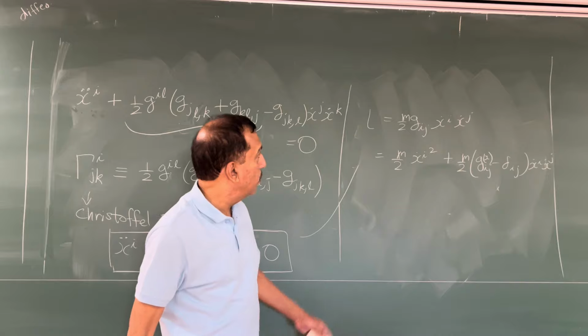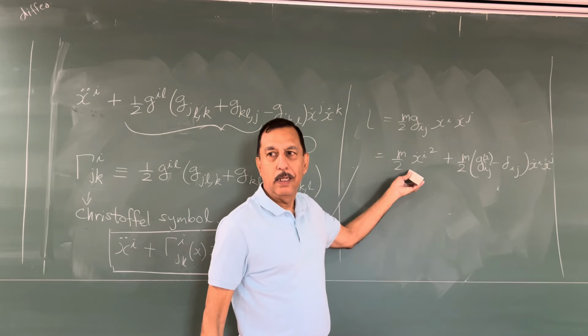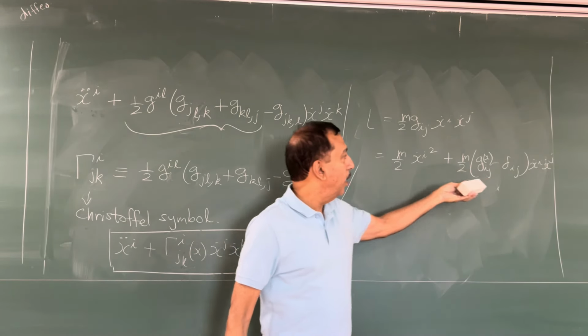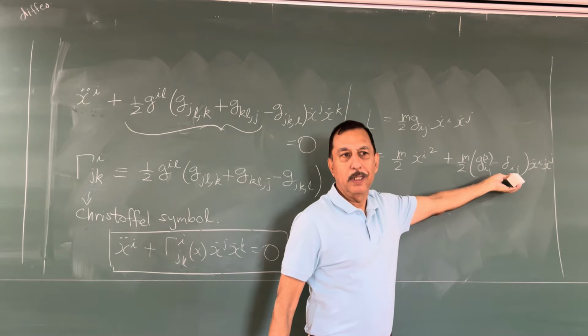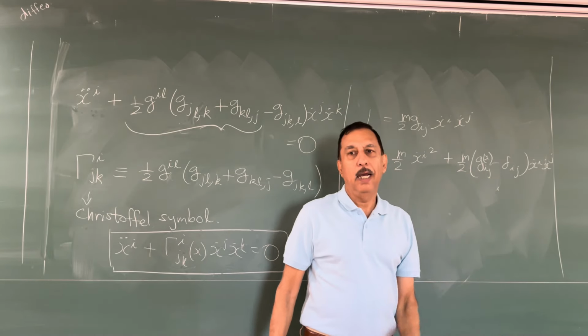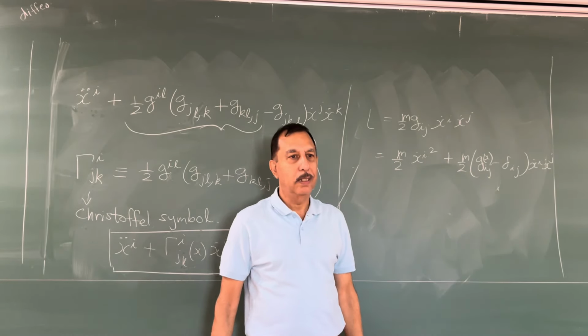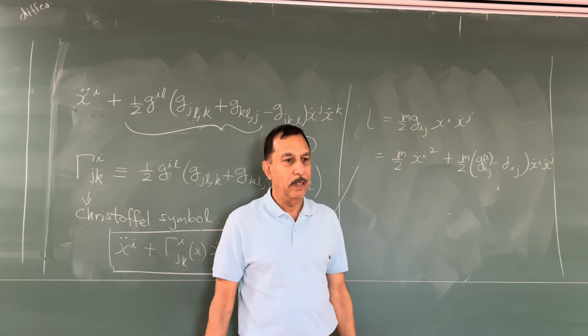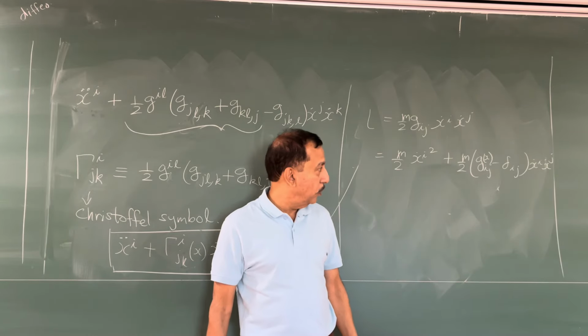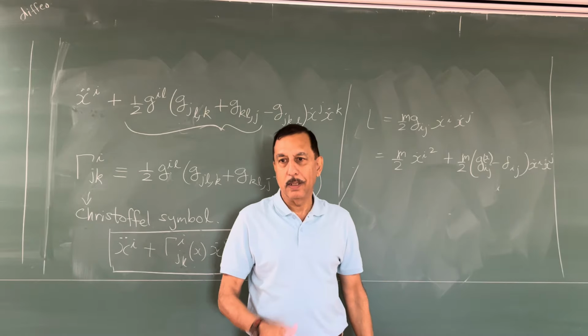You agree with this? I've just rewritten this as a fake flat space term, and then I subtracted the same term here. So I can call this whole thing a velocity dependent potential. So it can be mimicked by a velocity dependent potential, but not by an only position dependent potential.